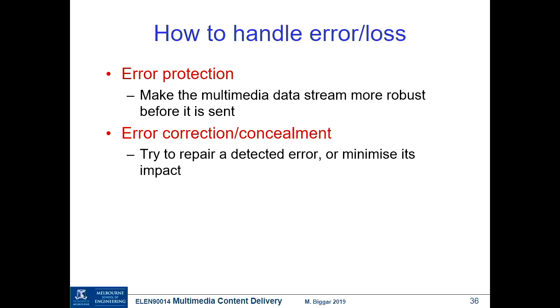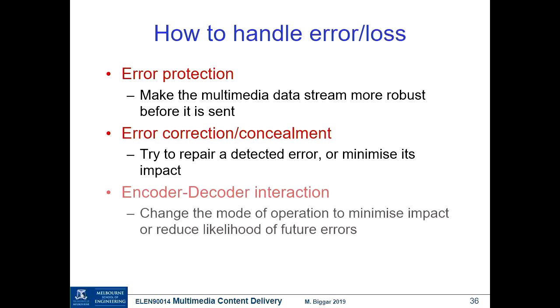Another approach we could consider is trying to correct errors when they occur. If we accept that they're going to occur with finite probability, then we could decide to try to correct them or conceal them. Right, so we detect an error and we try to minimize its impact, and we'll talk about some ways that we might be able to do that.